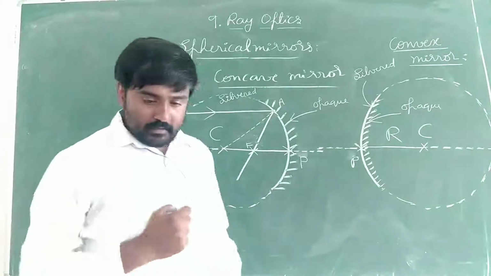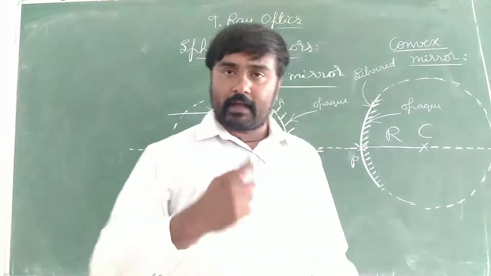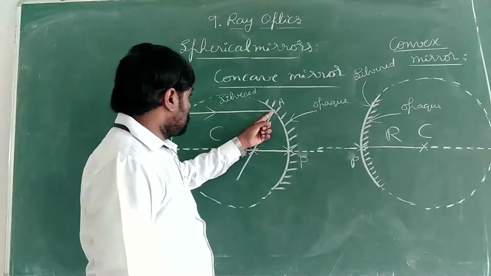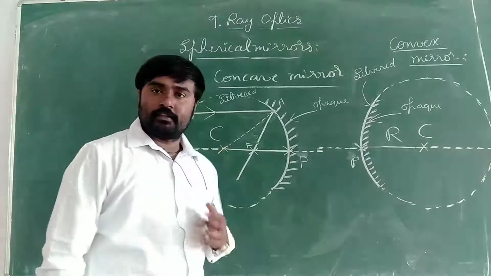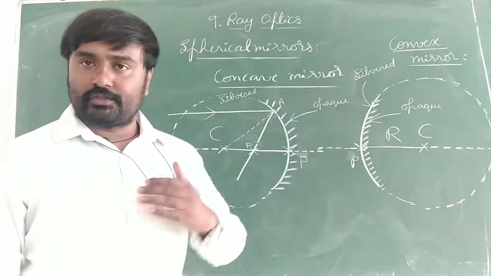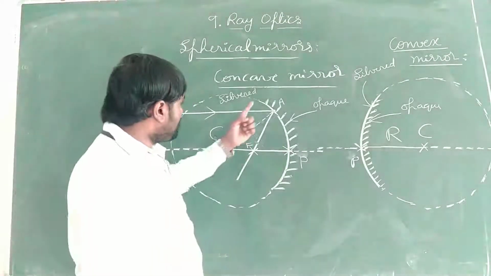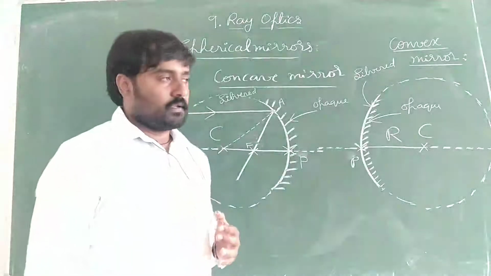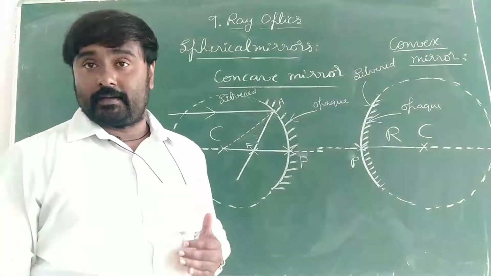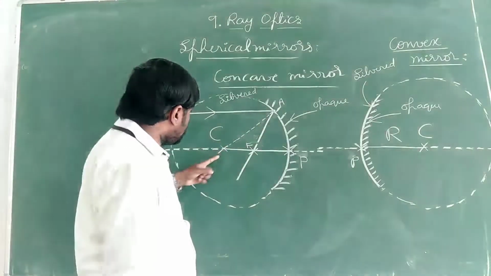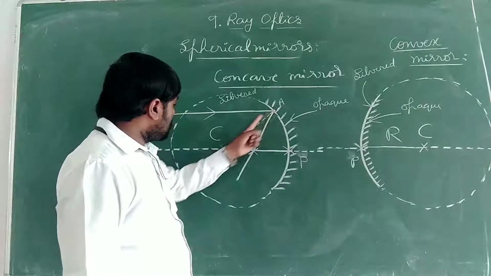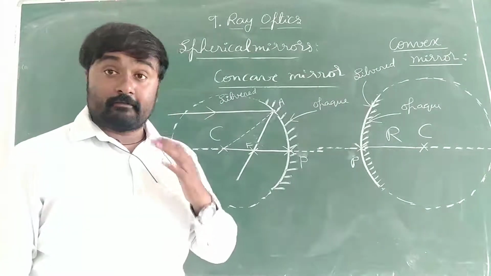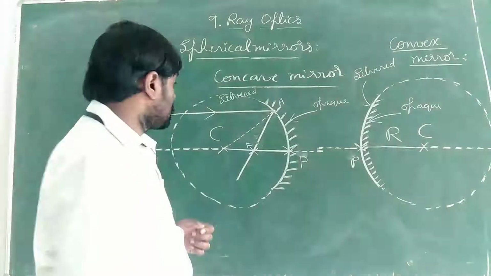A line joining any point of the mirror to its center of curvature will be the normal.